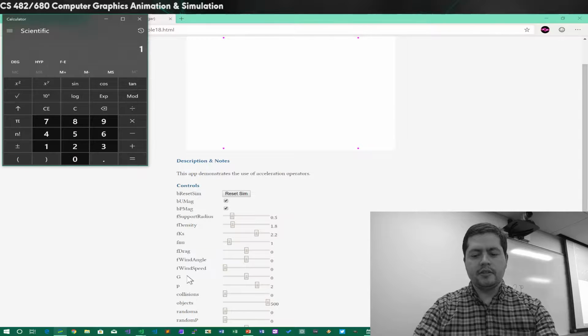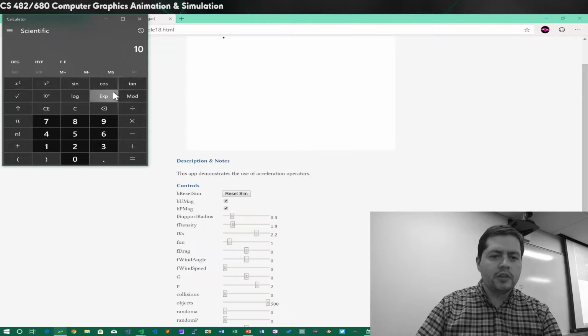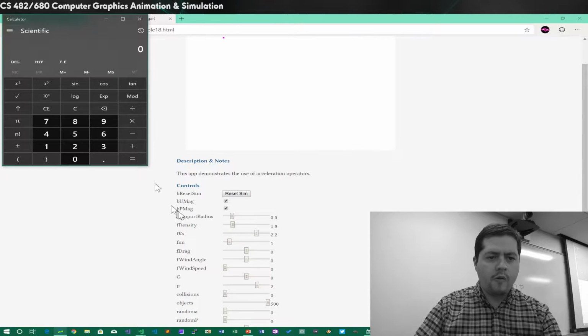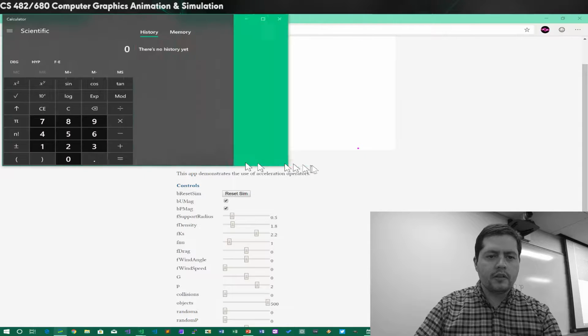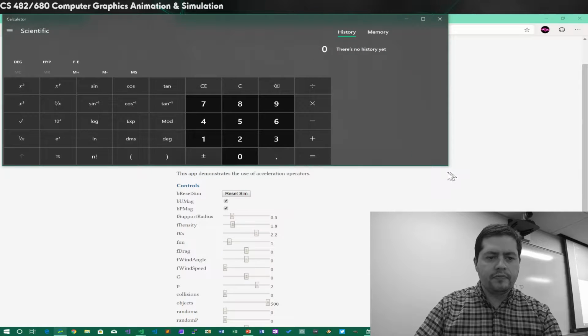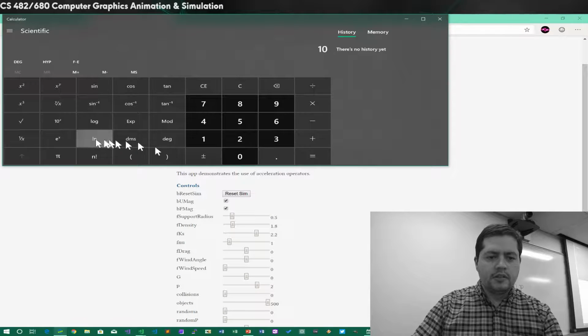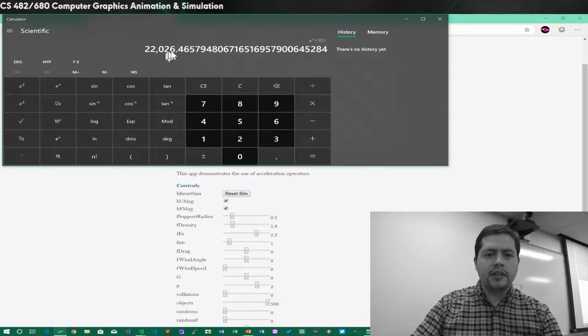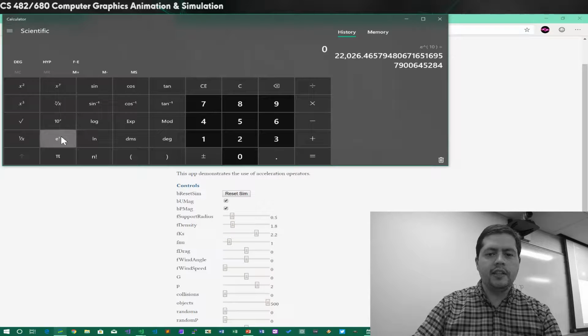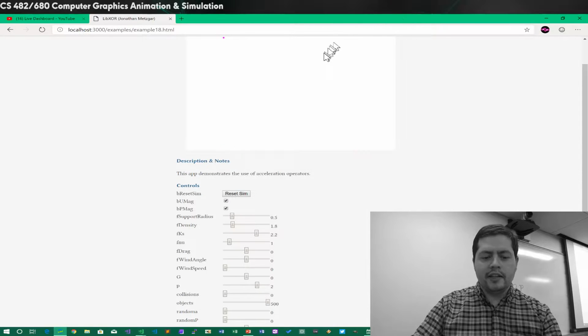If we were to take e to the 10, I think I got to increase to get the, there it is, EDX, then we get 22,000, okay? And take e to the 0, what do we get? We get 1.